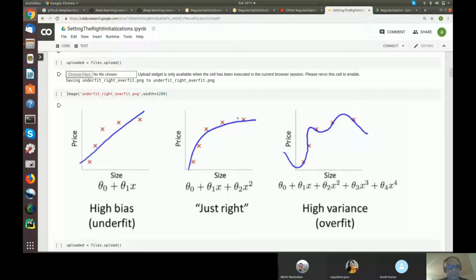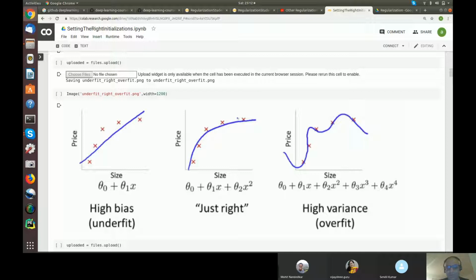So the capacity of the model was not enough to fit the data. So linear means you just have a feature and that's multiplied by another parameter, which would be a number. That was high bias.